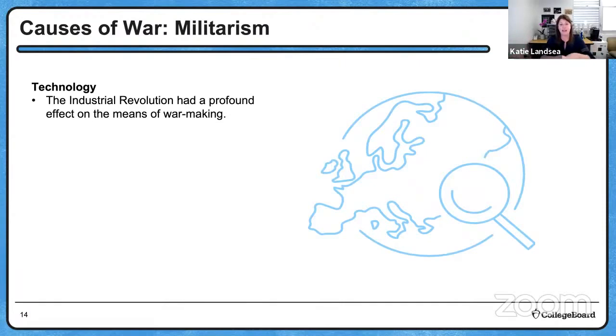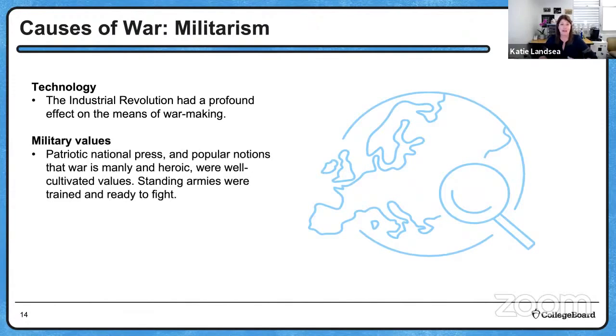So militarism, we have this idea of technology. The Industrial Revolution has happened. It hit the second Industrial Revolution. This has had a huge effect on the means of war making in terms of weapons, and we're going to talk about those a little bit at the end here. We have military values: strongly patriotic national presses and notions that war is manly and heroic, right?